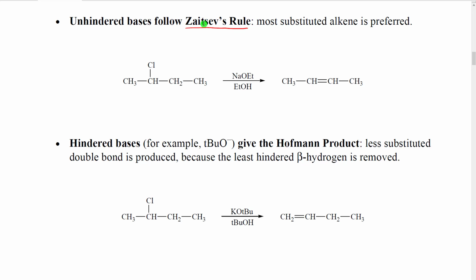Now, one quick note about the name Zaitsev. Because he was Russian, his name is actually spelled using a different alphabet, Cyrillic, which is a Greek alphabet-derived alphabet. And the letters in that alphabet have slightly different pronunciations.